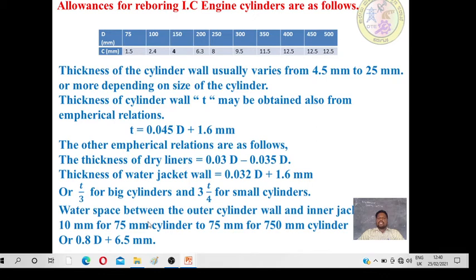The water space between the outer cylinder wall and inner jacket wall is equal to 10 mm for a 75 mm cylinder to 75 mm for 750 mm cylinders, or it is also obtained by the empirical relation 0.8 D plus 6.5 mm.